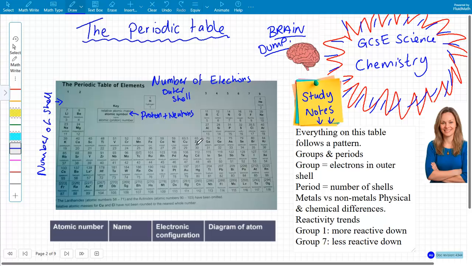And then the atomic number will be the number of protons, but it will also be the number of electrons. So remember that. You might be asked to work out how many neutrons are in an atom of something. The numbers you'll be able to see a little bit clearer, a bit smaller on here.